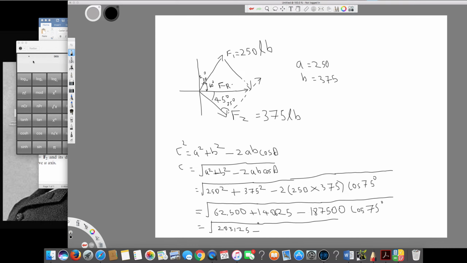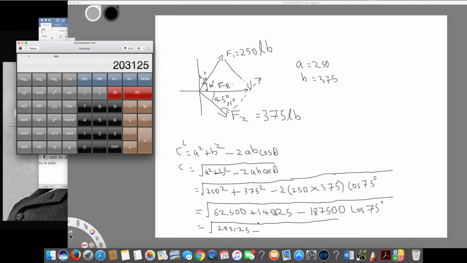Minus, let's find out the cos 75. Cos 75 is equal to what? Okay, this is the value, and I'm going to multiply 187,500 by this.